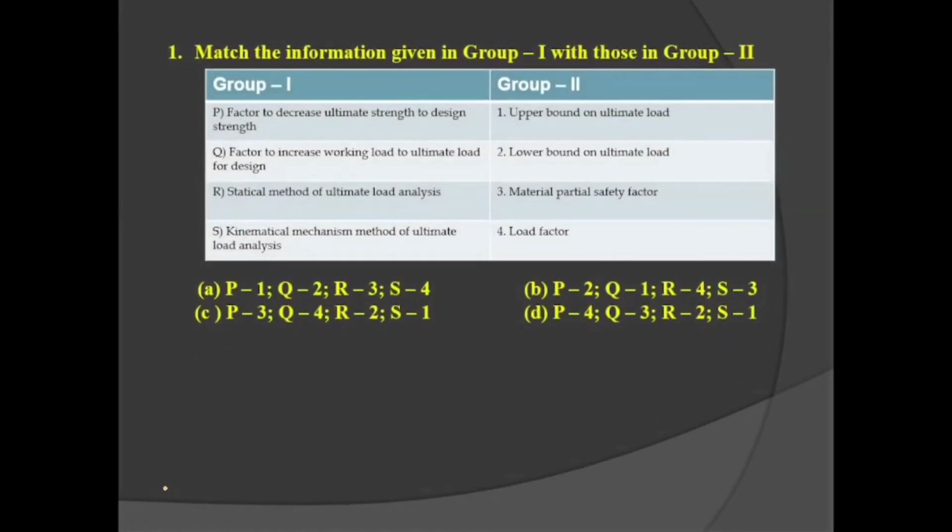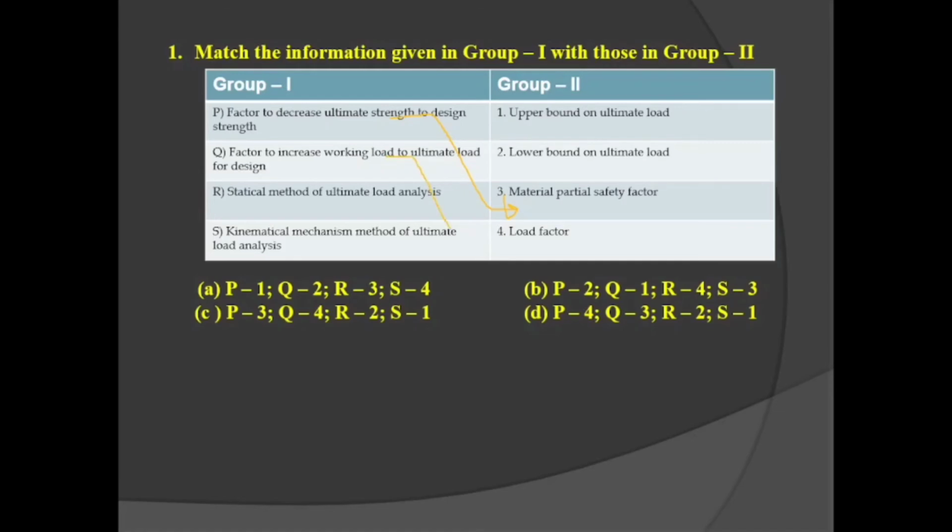So our first question is, match the information given in group 1 and group 2. Factor to decrease the ultimate design strength to the design strength, that is obviously called the factor of safety, or you can say partial factor of safety, material partial factor. Factor to increase working load to the ultimate load is equal to the load factor.